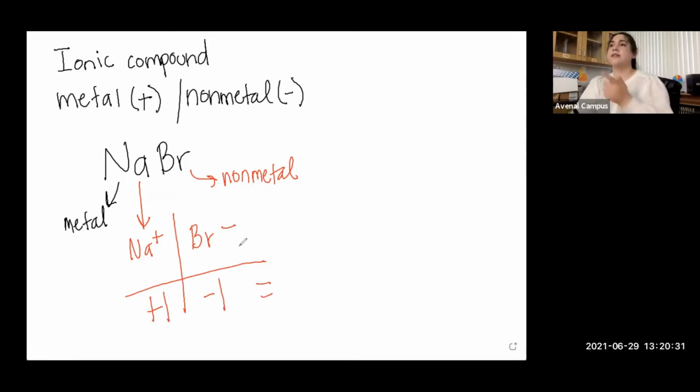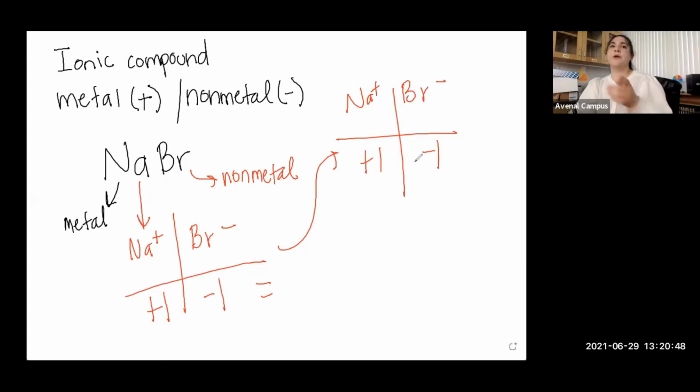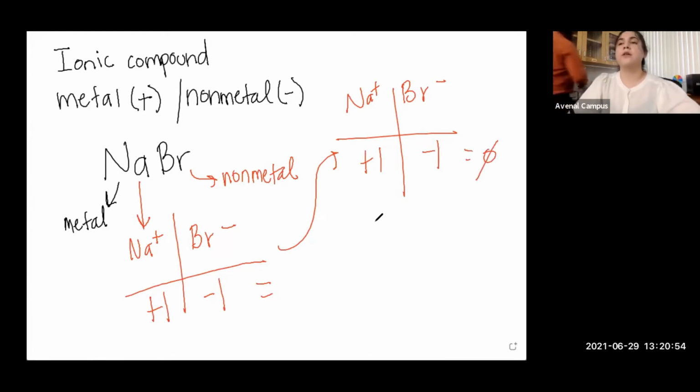Oh, sorry, I just wrote +1 and -1. There we go. So +1 take away 1 gives you what? A 0, right? So everything is neutralized, everything is balanced out. So therefore, our chemical formula for this one checks out, right?